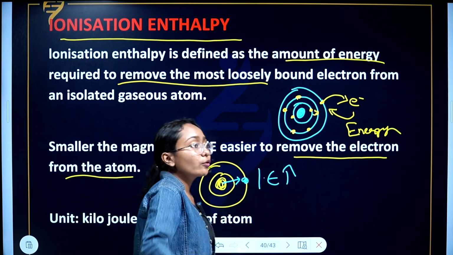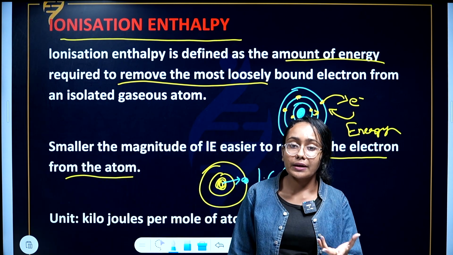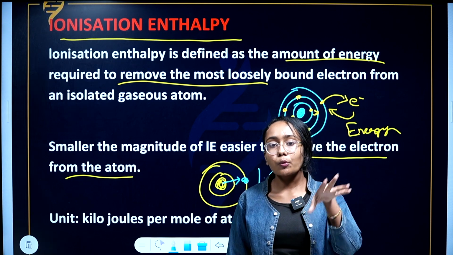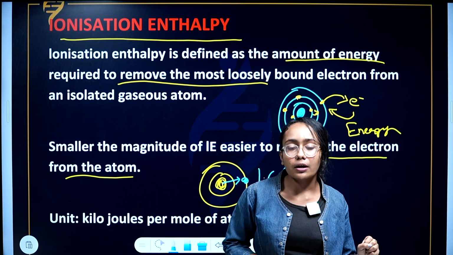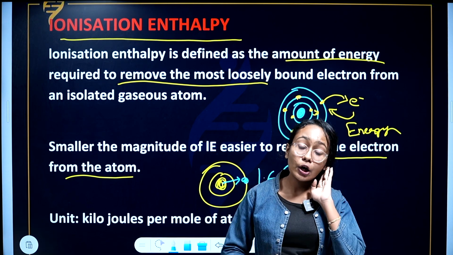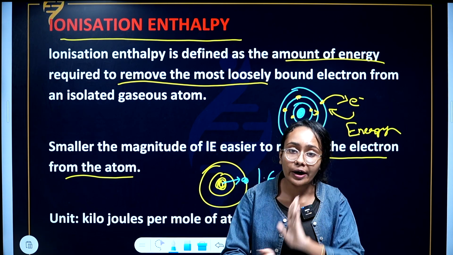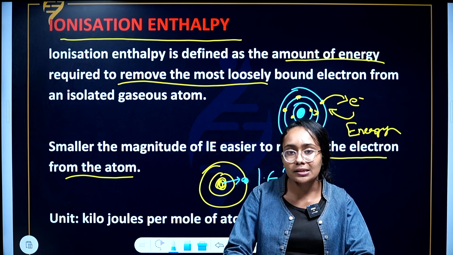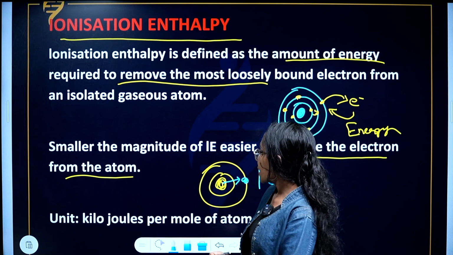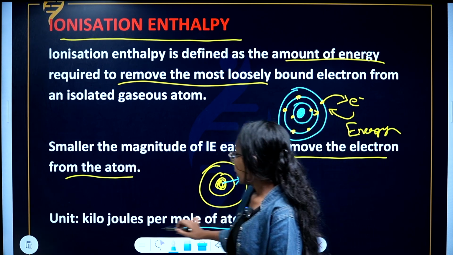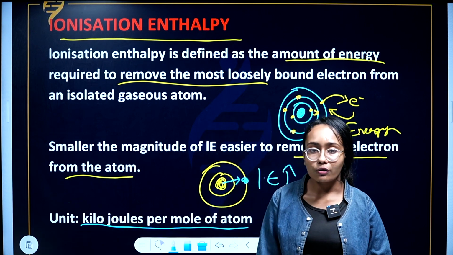So when more ionization enthalpy is used, it means it is difficult to remove an electron from the outermost shell. When I use little bit of energy, or the magnitude of ionization enthalpy used is less, it means it was easier to remove the electron from outermost shell. The unit is kilojoules per mole of atom.